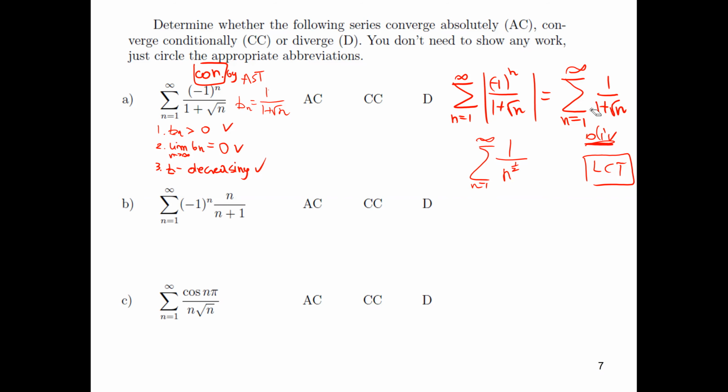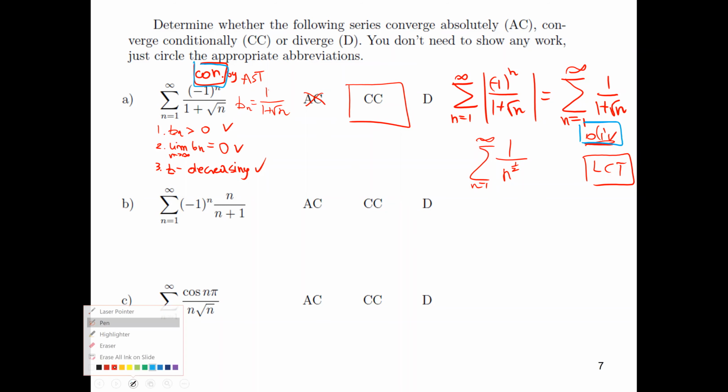It's not a big thing to add 1. That means it's divergent, which means it's not absolutely convergent, but the original one was convergent, so we call it conditionally convergent. You should always get convergent for the original formula and divergent for the absolute value. Then we can call it conditionally convergent.